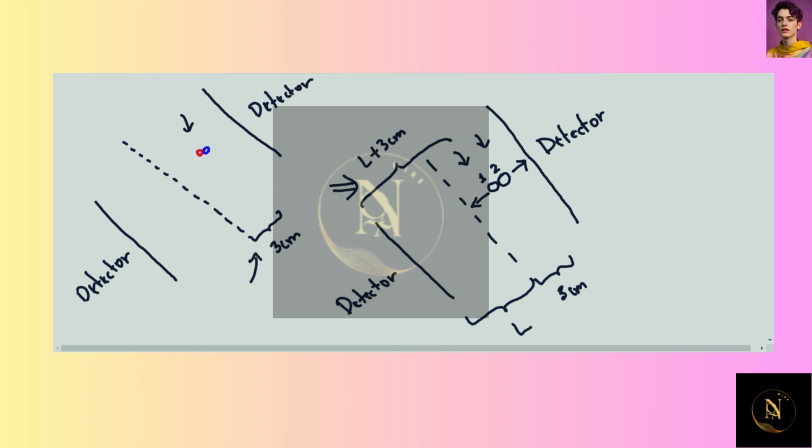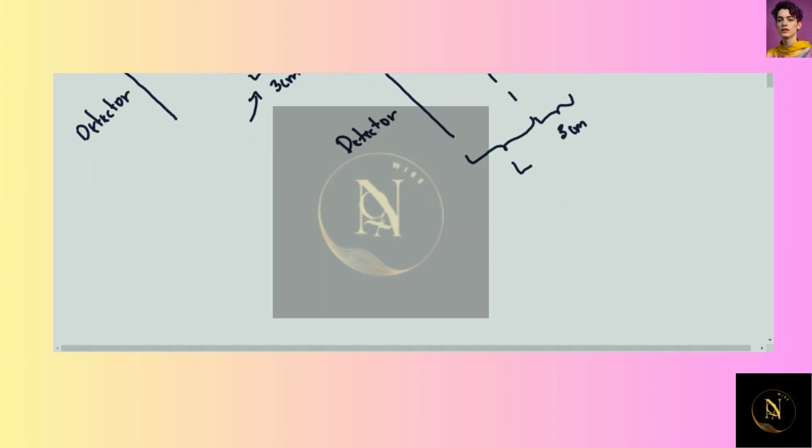Meanwhile, photon 2 needs to travel just L minus 3 centimeters. So the distance d1, I'm going to call that with a lowercase d, d1 is L plus 3 centimeters, and the distance d2 is L minus 3 centimeters.